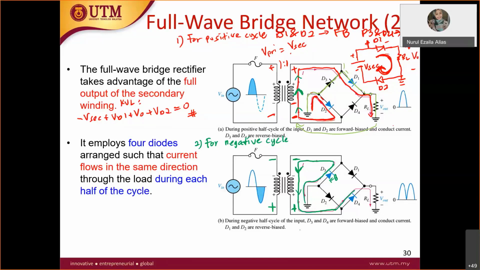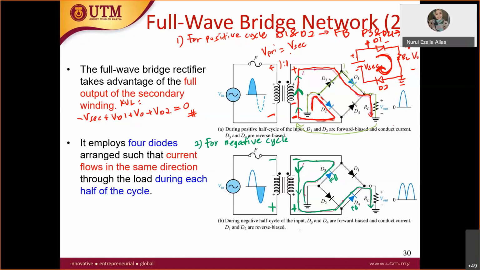D4 will become forward biased. After D4, you can go to D1, but that's not your objective. Your objective is to go to the RL. So this is your loop.